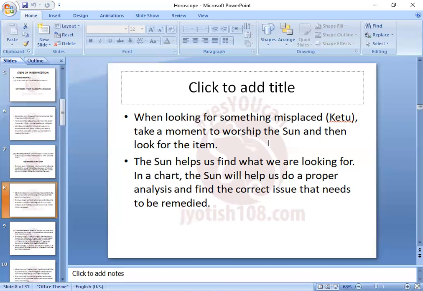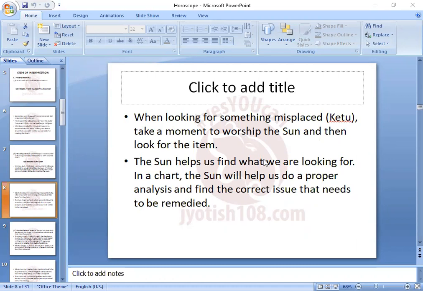The sun will actually tell you what needs to be remedied instead of remedying everything. There would be a lot of astrologers who would be giving you 100 remedies for 100 different problems.